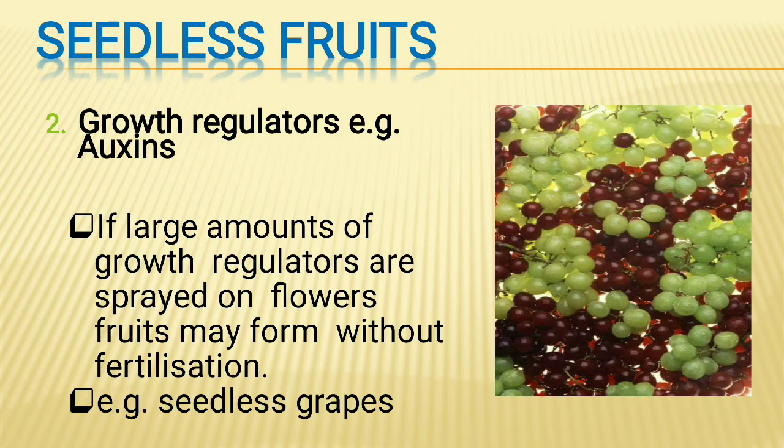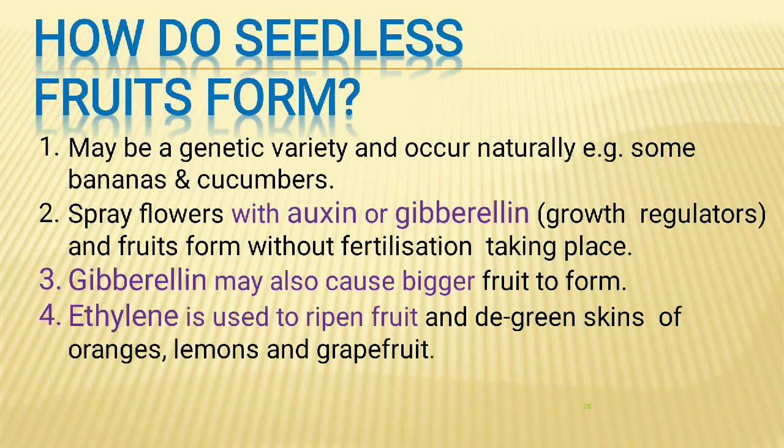If a large amount of growth regulators is sprayed on the flowers, fruit may form without fertilization. Here the examples given are auxins, sometimes gibberellins also. If we want to increase the size of a fruit, simply spraying gibberellins helps to increase its size. Seedless grapes are one example, because we get grapes with seeds also. Some seedless grapes are formed by using these growth regulators.